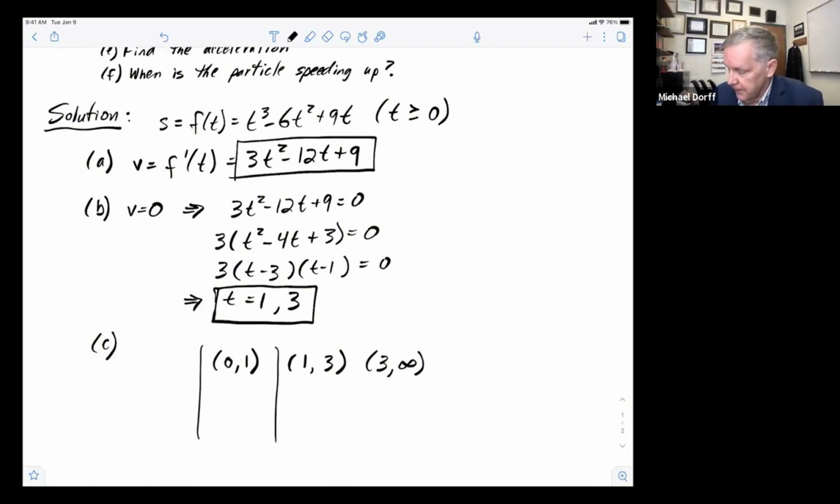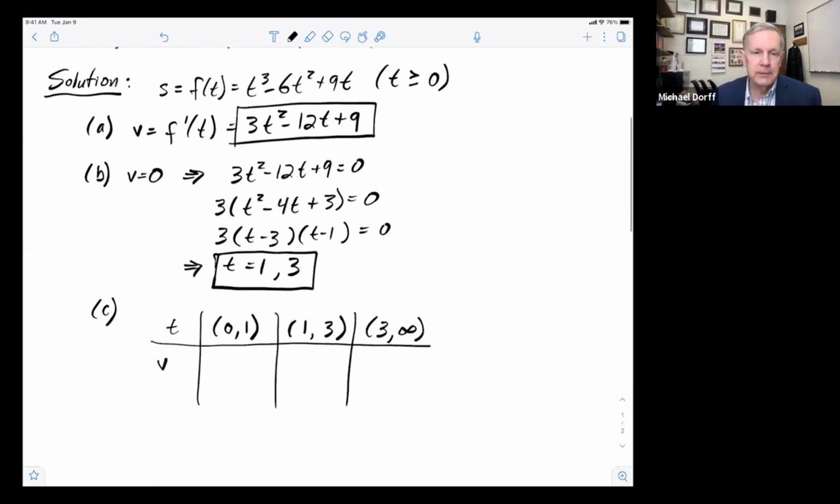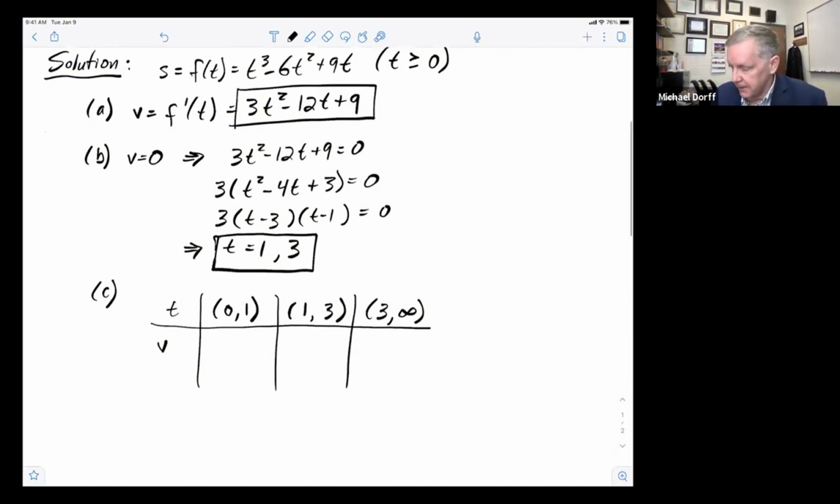And I'm going to make a little table here. So on the top are my t values, and I want to know what my resulting v values are, my velocity. Is it positive or negative? And so to do this, I can just take a number in each of these intervals, plug it into the velocity equation, and then see if it's positive or negative.